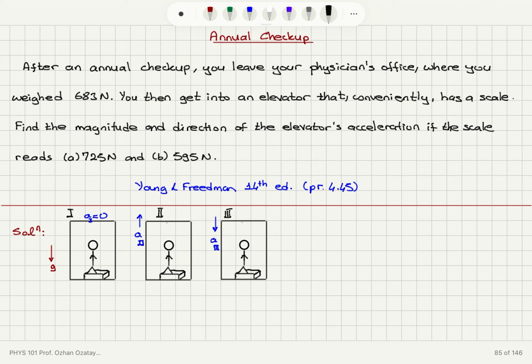So let's start by making a simple observation, so let's note that the elevator is a non-inertial reference frame.